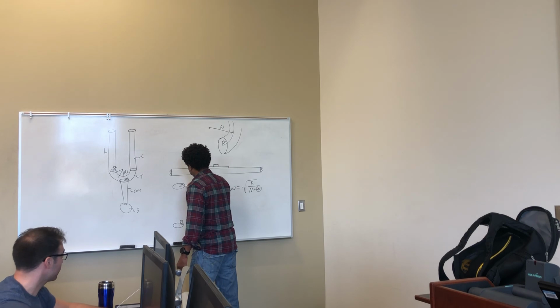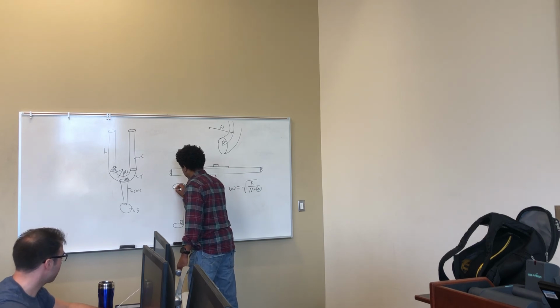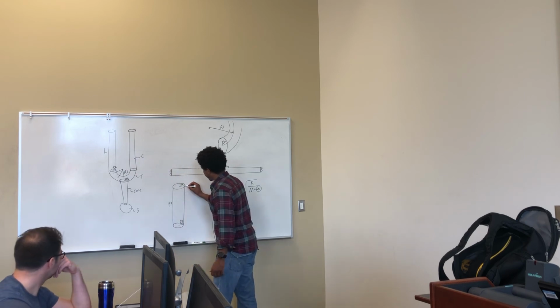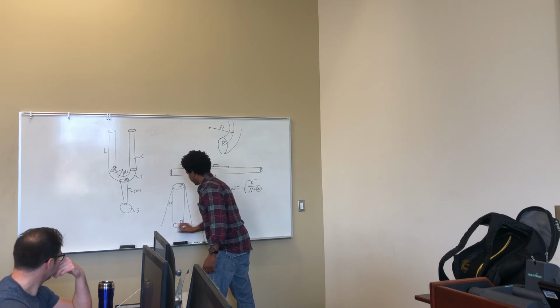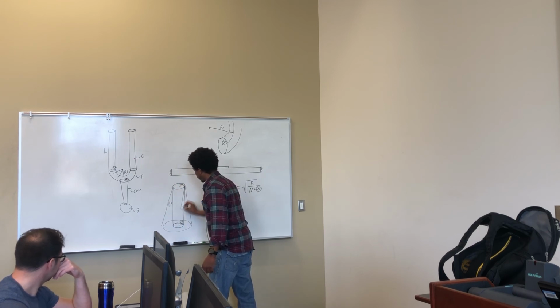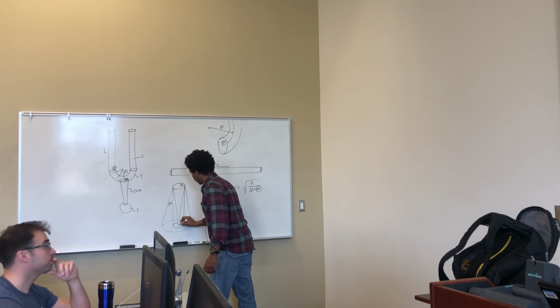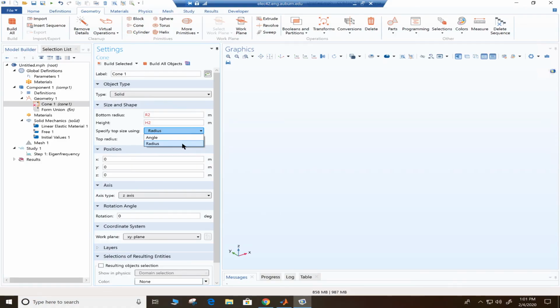Or you could do it by angle, where this goes down a certain height, and it's defined by that angle. So you can go out a wider angle like that, or an inner angle like this. Okay, so let's do it by angle instead of radius.